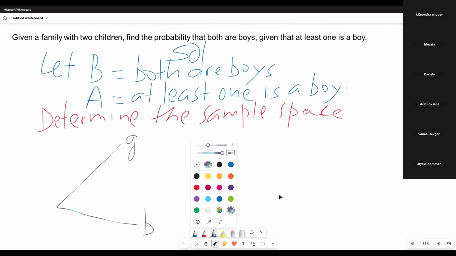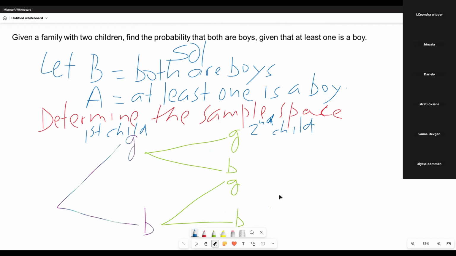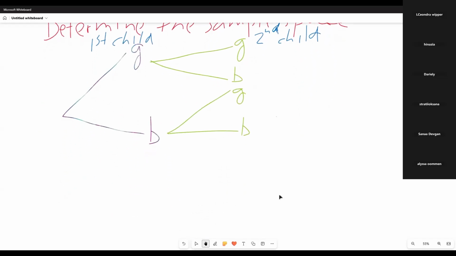Girl or boy. This is the first child. This one is the second child. Okay.